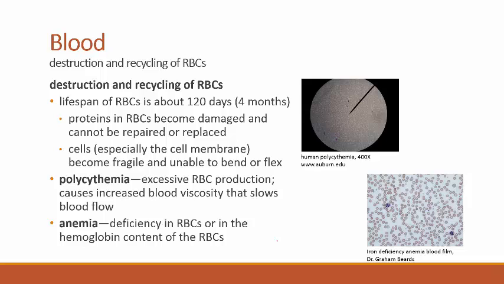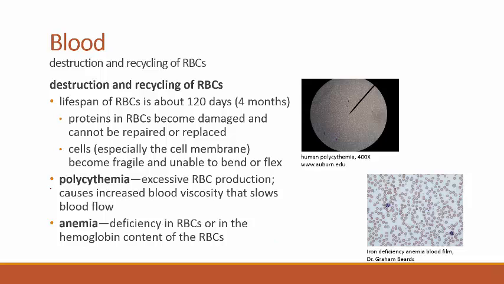And if that happens, because there's no nucleus, there is no ability to repair the red blood cell or to replace the proteins that have become damaged, and so that's the end of the life of the red blood cell. It especially shows up as fragile cell membranes that can no longer bend and flex. And so when they get damaged, they are broken down in the liver and the spleen, and then we recycle the components.